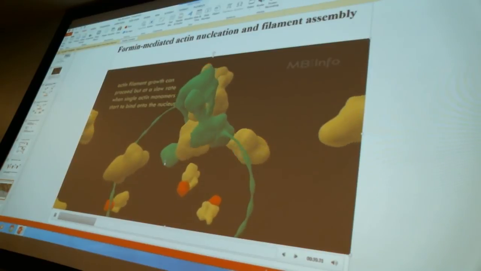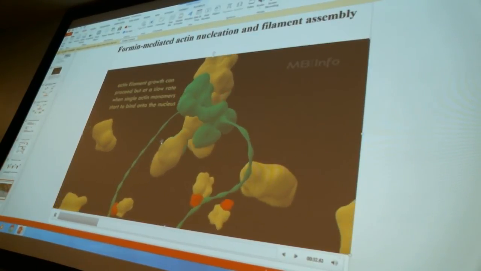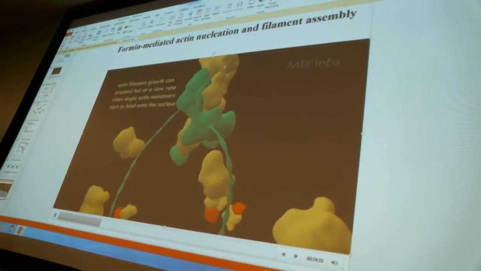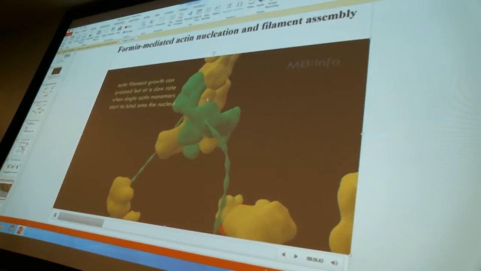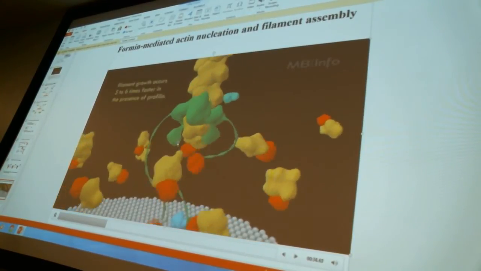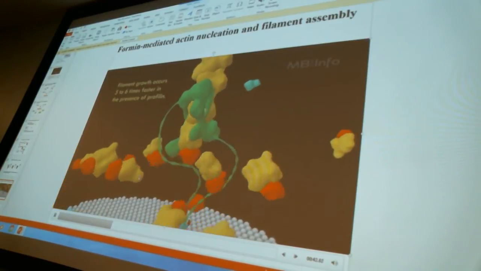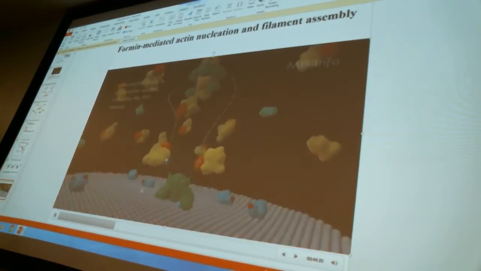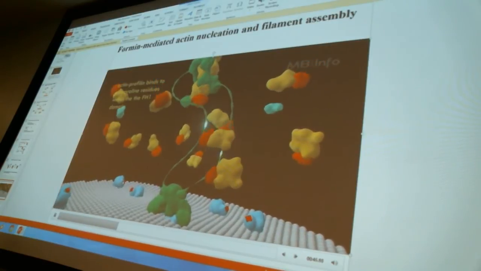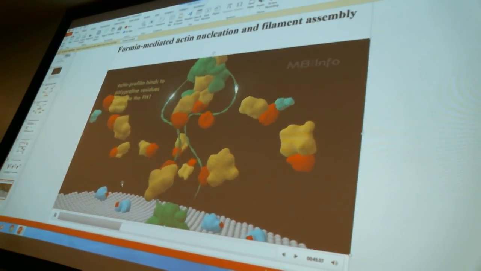And eventually, once the filament is initiated and starts building, the rate can be greatly sped up by the presence of profilin. So these are profilins carrying the actin ATP molecules.